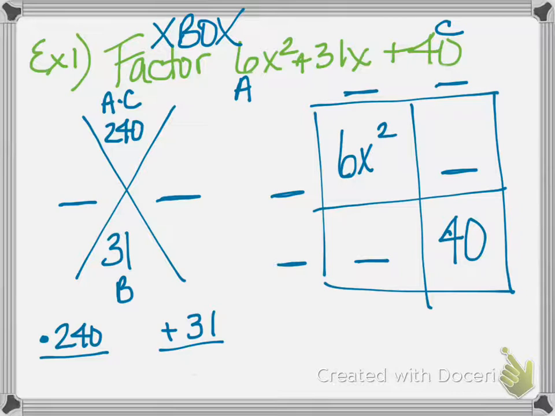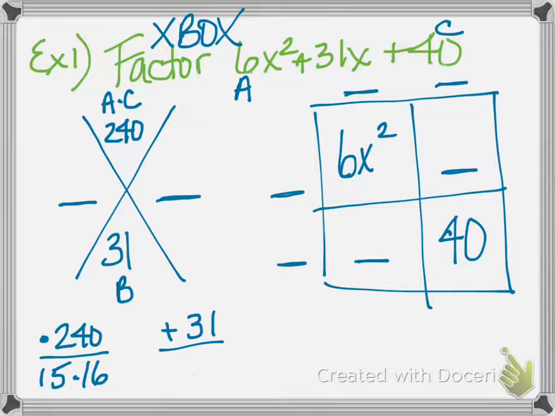Since we already did this example, we already know that 15 times 16 is 240. And no, I don't know that off the top of my head, but you grab a calculator if you need to, if a number's high enough like this, and just start messing around, get some factors, make a whole list.